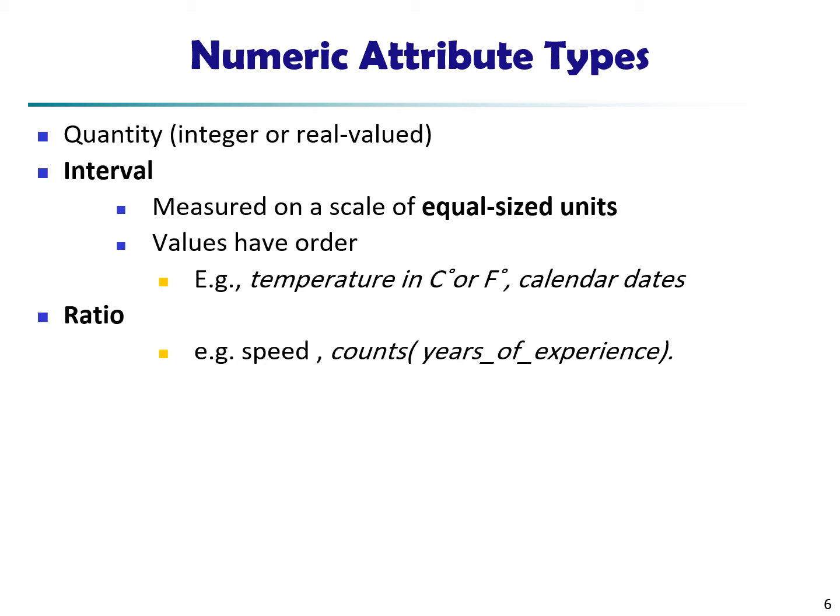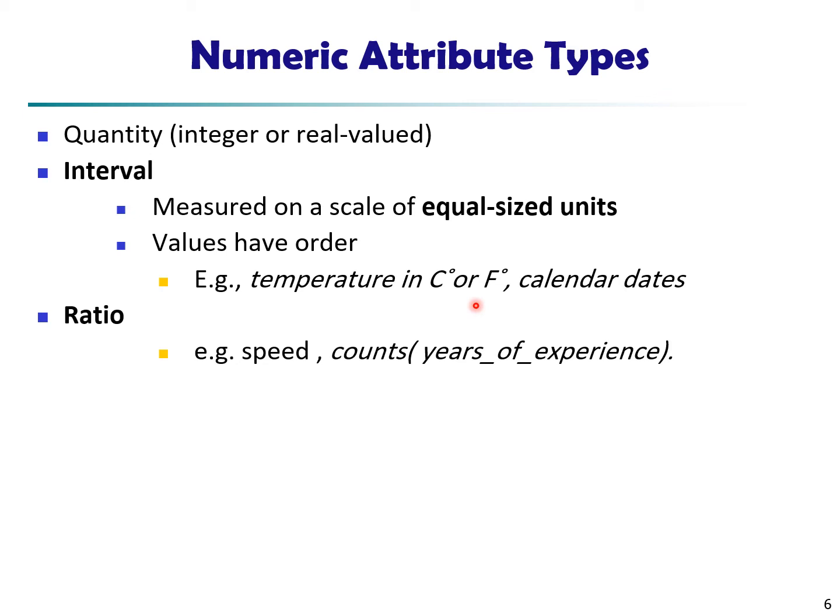Now, when we talk about Celsius or Fahrenheit, first of all, they do have equal sized units between them. So if it's currently 12 degrees Celsius and later on it will be 20 degrees Celsius, we know that between 12 and 20 it's 8 degrees, which is the same as between 20 and 28.